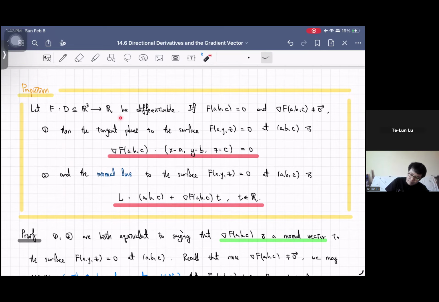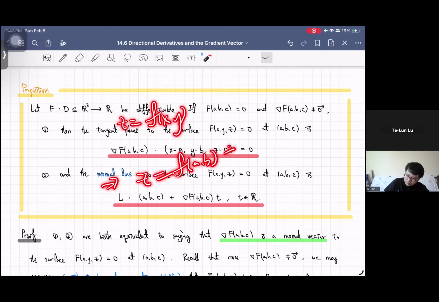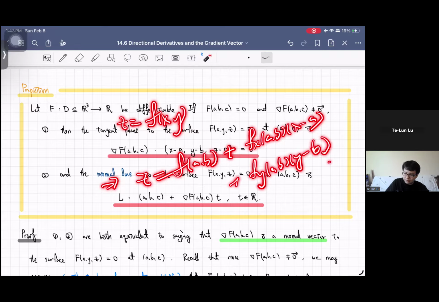So recall that if we have a function graph, z equals f(x, y), then the plane equation is given by something like this: f(a, b) plus fx(a, b) times (x minus a), plus fy(a, b) times (y minus b). So this is the tangent plane equation for a function graph, a particular type of surface.